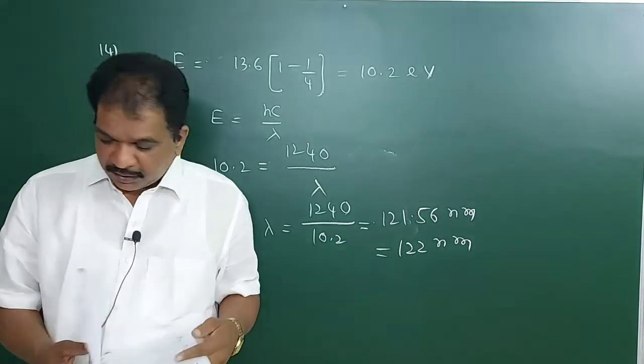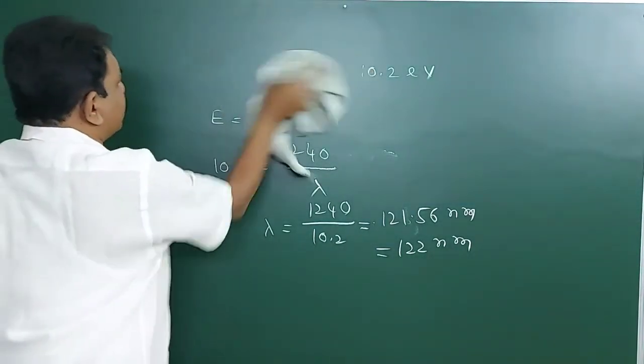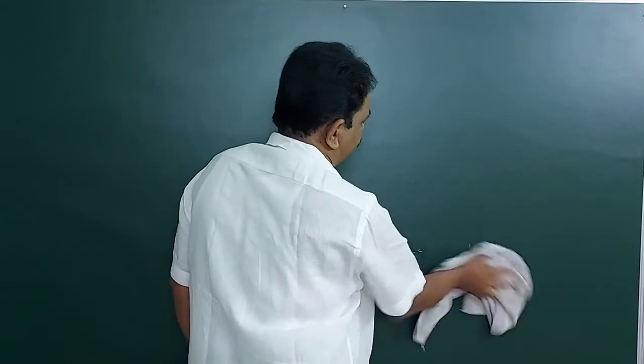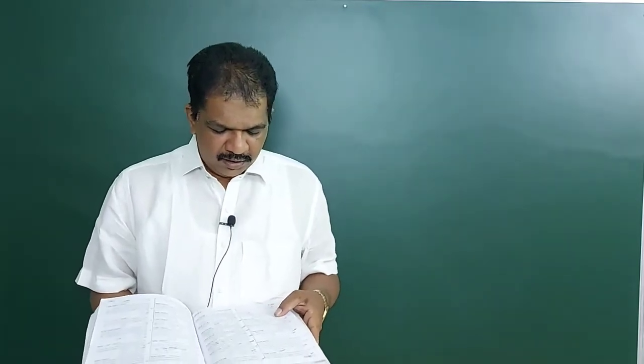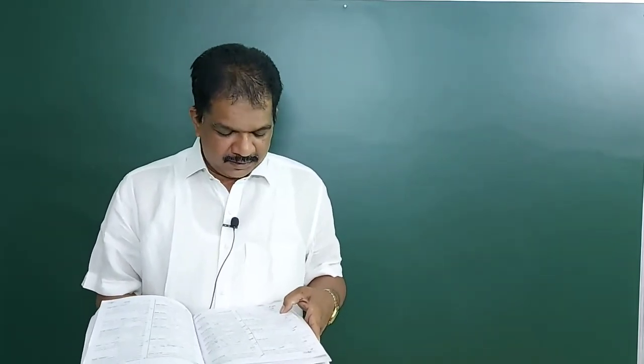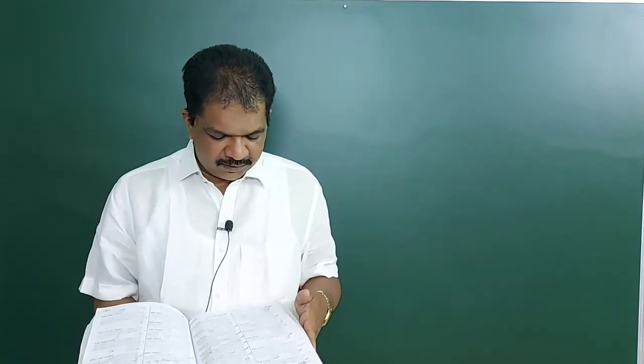Problem number 15, you see what they are asking. If an electron in hydrogen atom jumps from an orbit of level n is equal to 3 to an orbit of level n is equal to 2, the emitted radiation has a frequency how much?